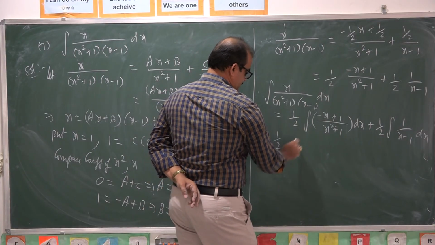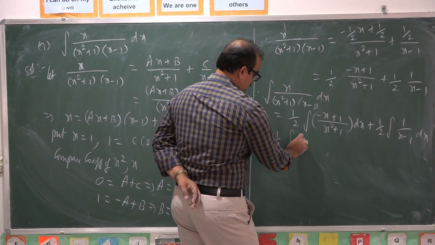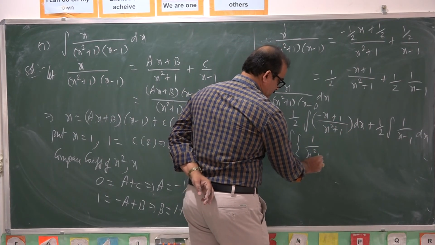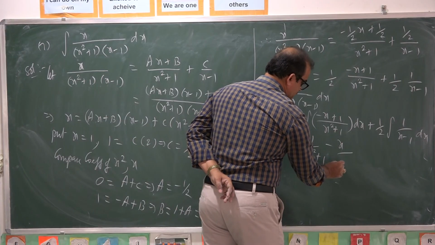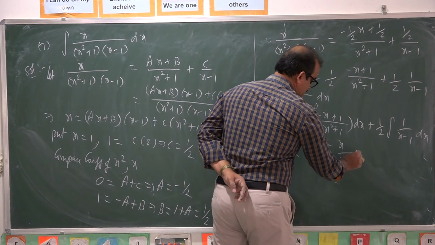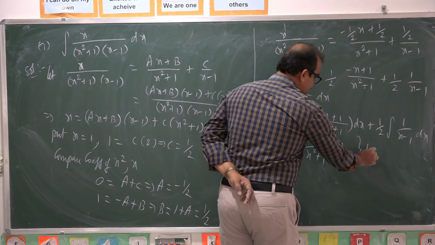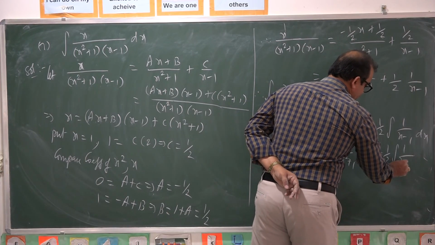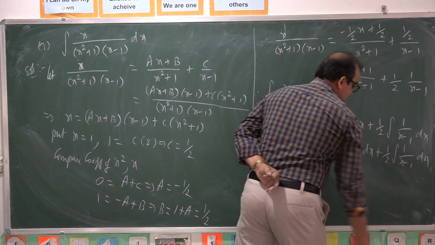Now write it as integral of, dividing it separately, 1 by (x square plus 1) minus x by (x square plus 1) dx, plus 1 by 2 into integral 1 by (x minus 1) dx.